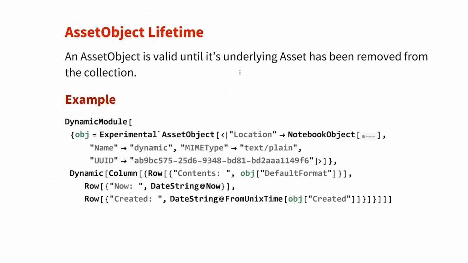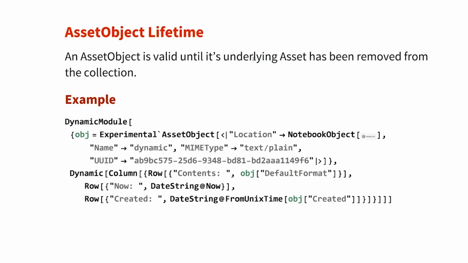So the key thing that I want to point out with Asset Object is its lifetime. Its design is very much based around being able to add an asset and then use it inside of interfaces without having to do a lot of gymnastics.